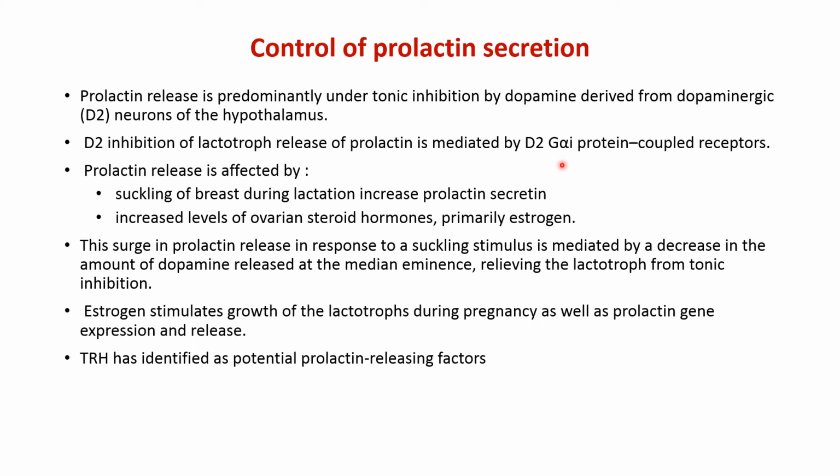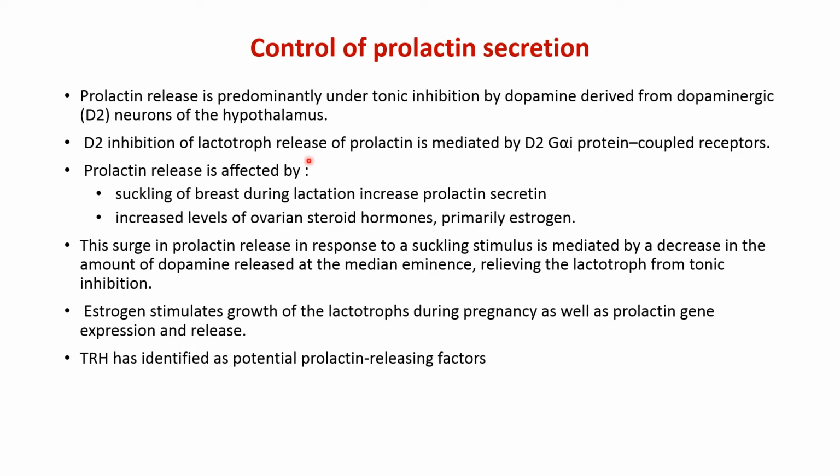G alpha i means it inhibits the adenyl cyclase and the formation of cyclic AMP. So it acts through the G protein coupled receptor. This will lead to the activation of adenyl cyclase. Adenyl cyclase will form cyclic AMP, and then cyclic AMP will do the rest of the job in terms of gene expression, enzyme synthesis, protein synthesis, etc.